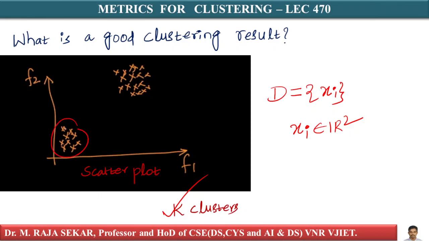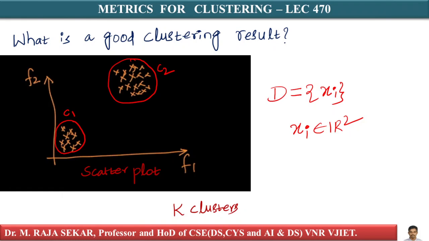All these points are in one cluster and all these points are in another cluster. That's what a kid would do. Let's call this cluster C1 and this cluster C2.